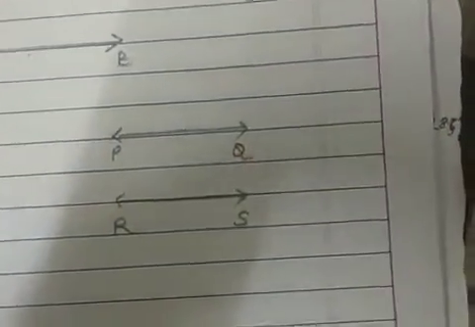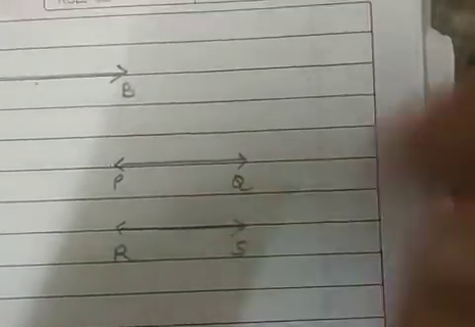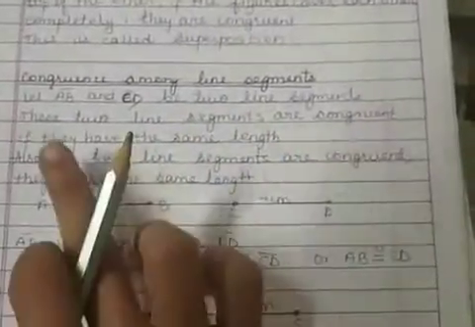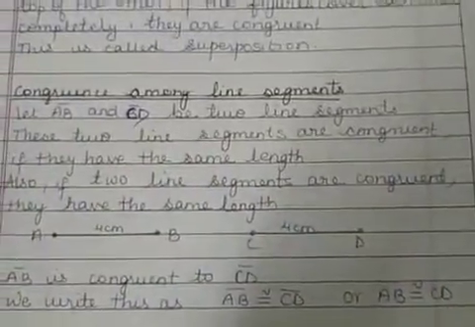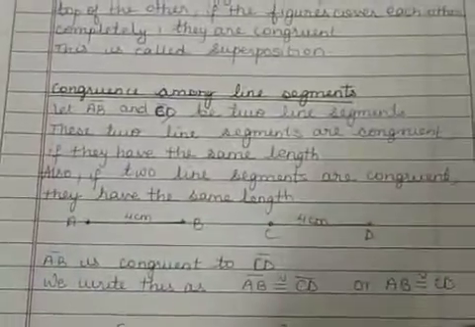It is given that these two line segments are congruent, then the lengths of the line segments have to be equal. Without measuring, you can say, if it is given to you that the line segments are congruent, then the length has to be equal. Okay, so that is the first part. So the two line segments are congruent if they have the same length, and if the two line segments are congruent, then they should have the same length.